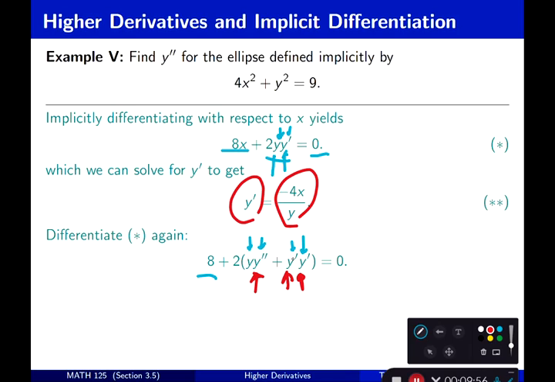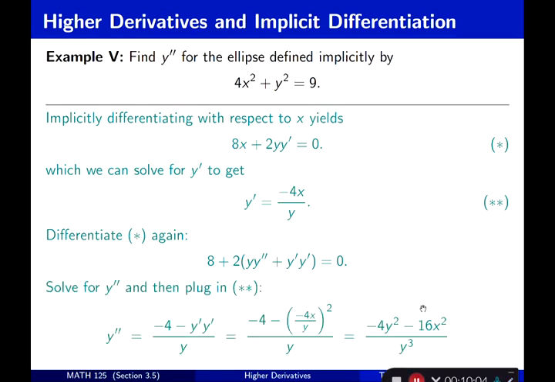Y prime has to be solved in there. And so that's the next step. So we're solving for y double prime. Then we're replacing y prime where we see y prime.